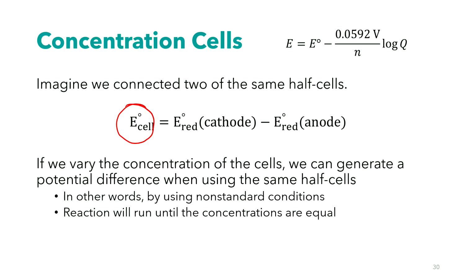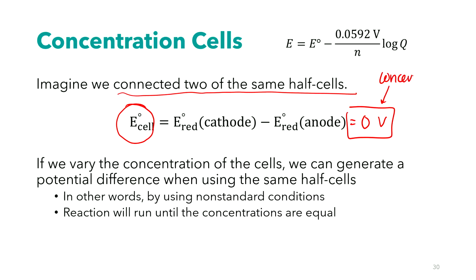So the standard cell potential for a concentration cell is always 0 volts. That's by definition. But we now know that if we play around with the concentrations, even though this is 0, we could generate a potential because log of Q will be a non-zero value.